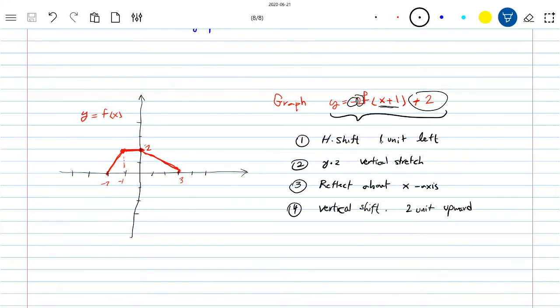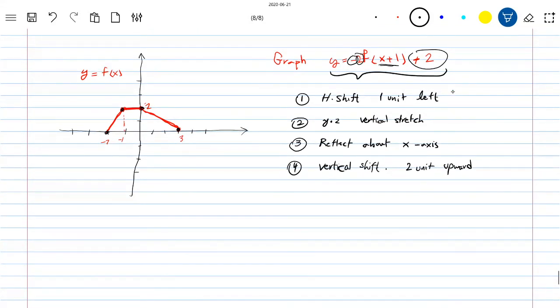Okay, now starting with this graph, you can always pick a couple of points to follow to see what happens. I'm going to pick these 4 points to see what happens through the procedure. Let me write the coordinates.